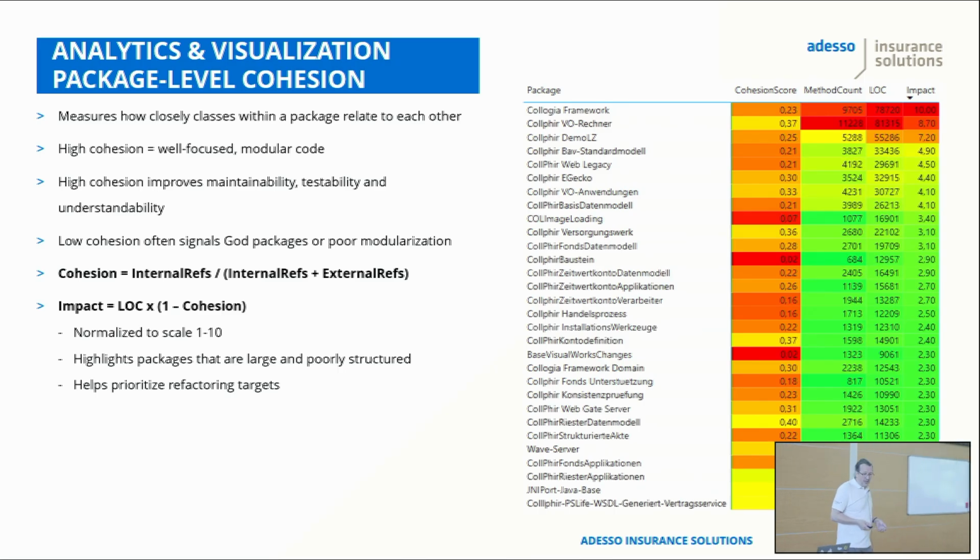And I found out that there are a couple of packages, like the top two here, that do have a low cohesion score, but not the lowest one. But they are probably very critical for the overall system because they have a lot of lines of code. So these might be two packages to investigate further.